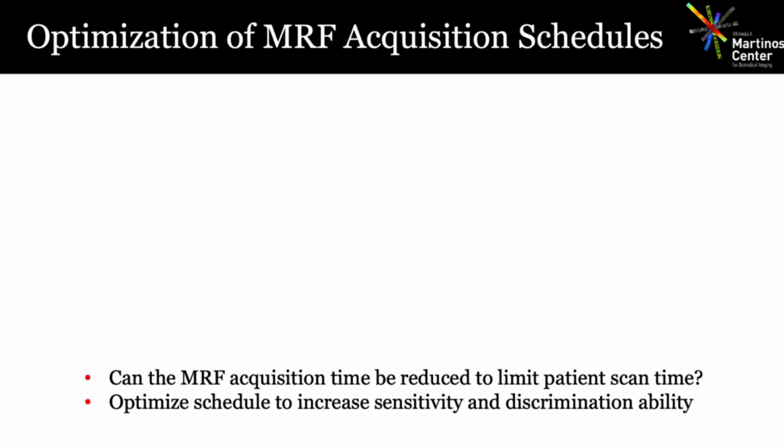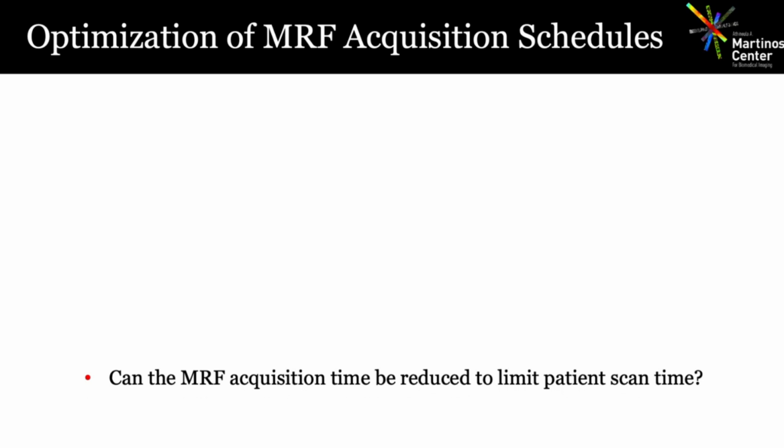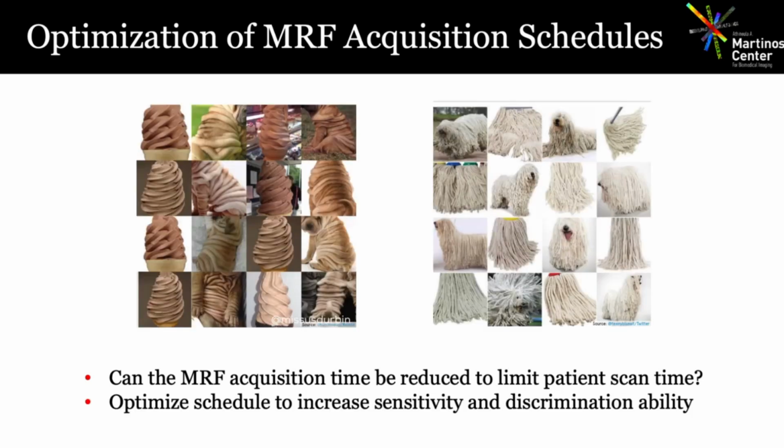When you start cutting down the number of images you acquire, it does degrade your ability to discriminate your different parameters. So how do we optimize our acquisition schedule? How can we minimize the number of images we need to acquire to determine, is that a dog or an ice cream cone or a mop, right?